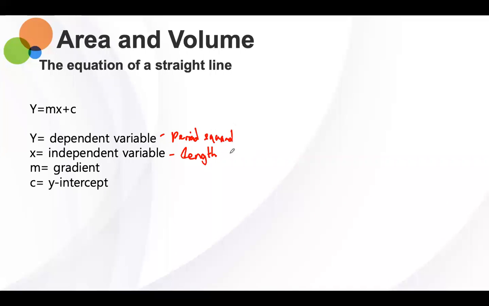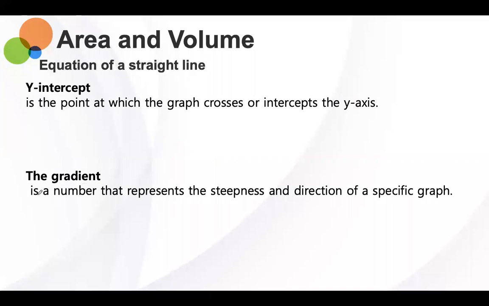Now, m is called our gradient and c is our y-intercept, and we'll talk about these two important points now. The y-intercept is the point at which the graph crosses or intercepts the y-axis.